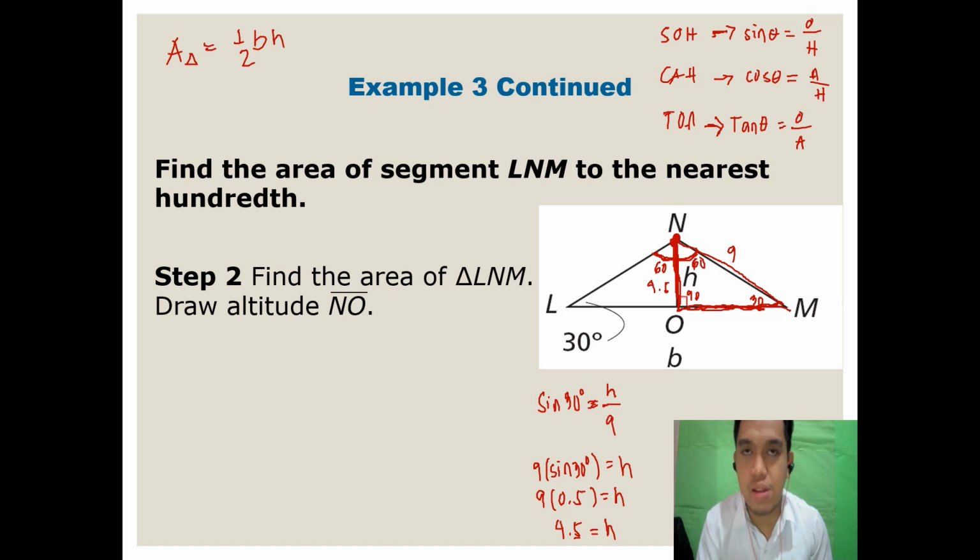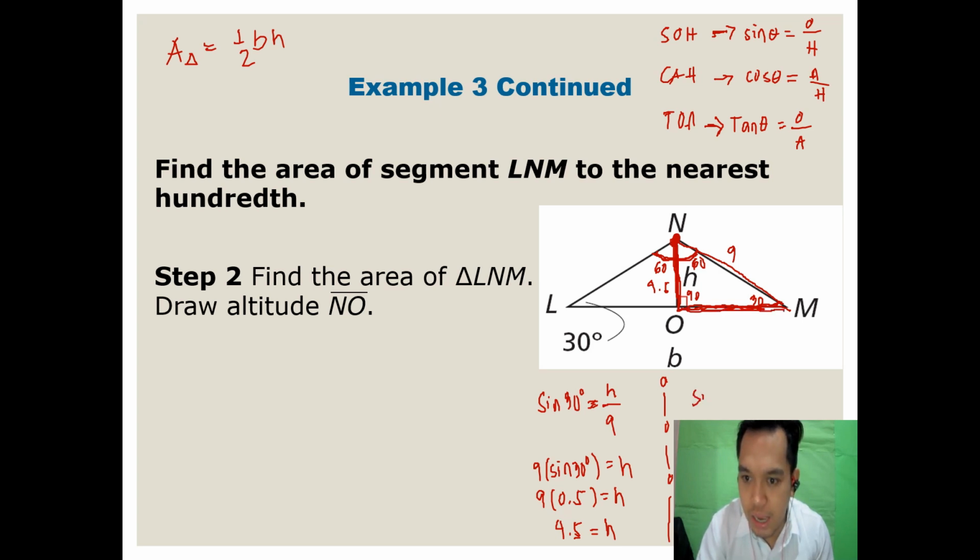Pwede na tayong gumamit dito ng Pythagorean theorem, pero mas madali kung trigonometric identities pa rin yung ating gagamitin dito. Dito naman tayo sa 60 degrees para yung ating hanapin ay itong nasa baba na side, itong base niya.